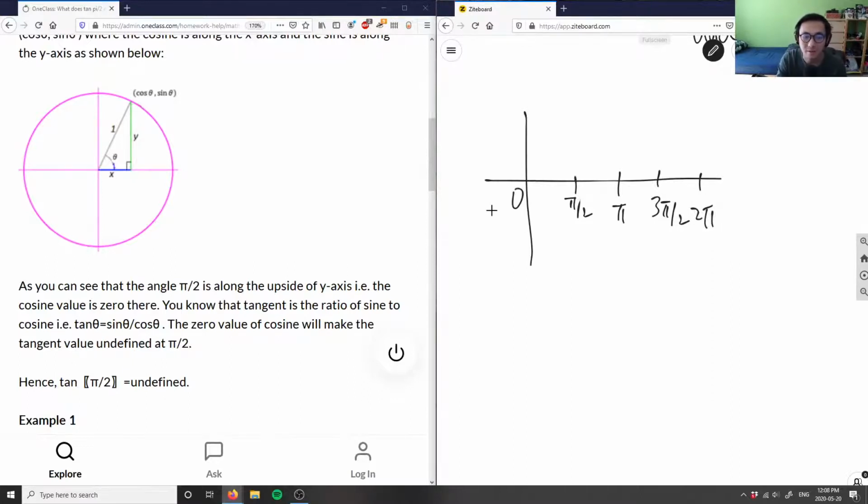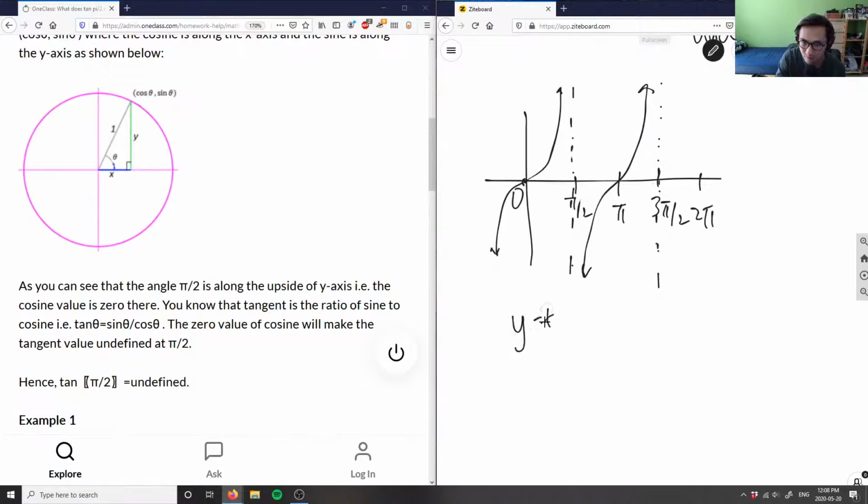You realize that tan of 0 is 0, and the graph goes like this cubic-looking function, starting near pi over 2, going towards 0, and making its way like this. There are vertical asymptotes at pi over 2 and 3 pi over 2, like so.